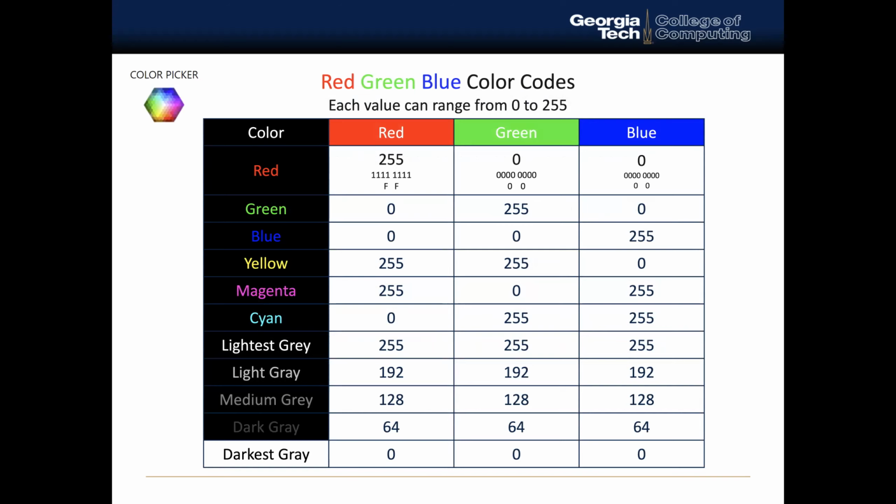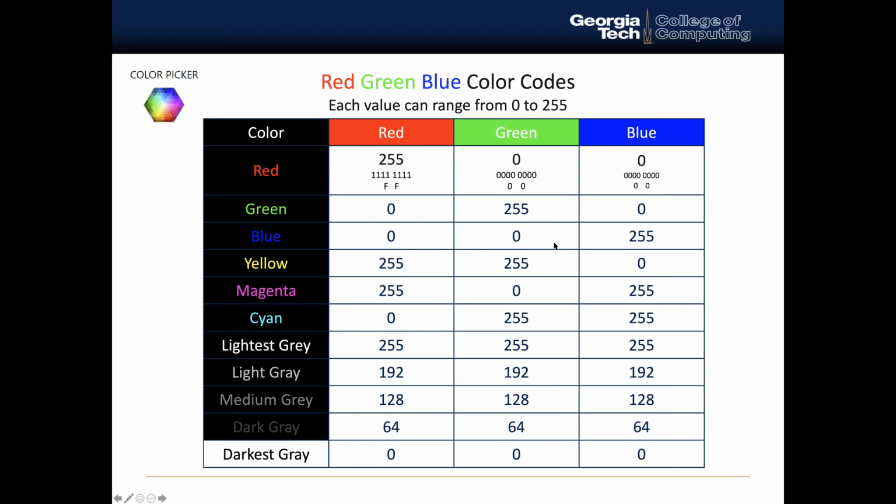So if we have a color that is completely red, that means that the R value is going to be 255, the green value is 0, and the blue value is 0. Now let's consider if we want to have a value that is completely green. In that case, our R component and our blue component are going to be 0, and green is going to be 255. That means that it is a completely green color. Let's consider if we have something that is solidly blue, then the R value is 0, the green value is 0, and our blue value is 255.